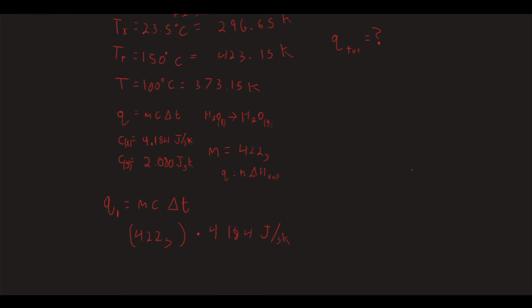After that, we need our delta T. So we need our T initial. Our initial T is 296.65, minus the T final, which is 100 degrees Celsius, or 373.15.